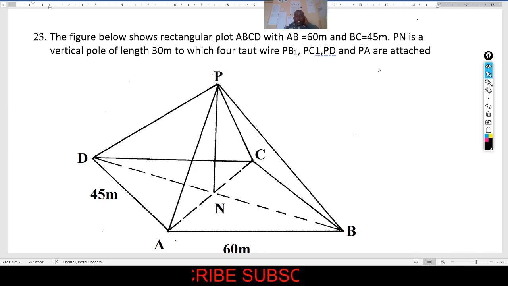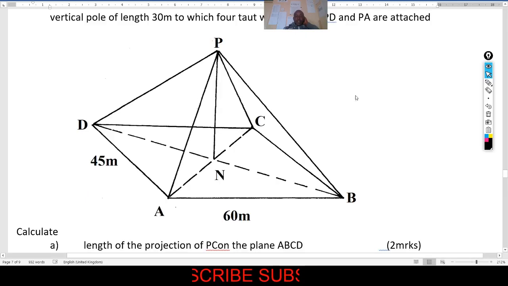We are talking about meters, not centimeters. PN is a vertical pole of length 30 meters to which the wires PA, PB, PC are attached. So if you look at the diagram, you write the question down, you can pause and write it.